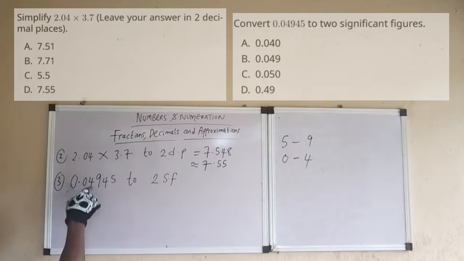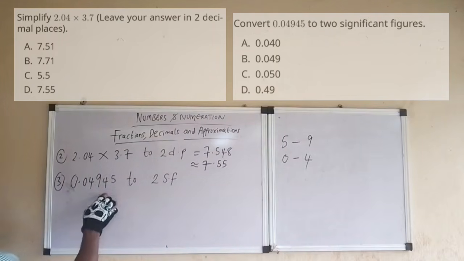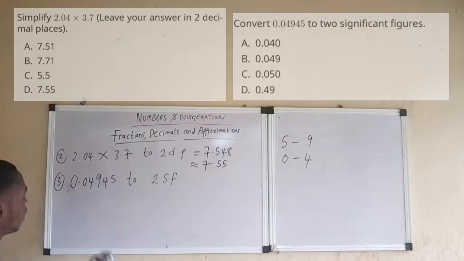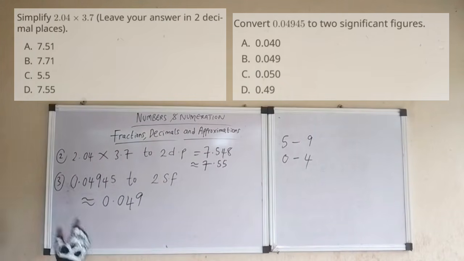You are not adding anything to the next number. But if it was within the range of 5 to 9, we'll round up, the number will change to 0, and then we'll add 1 to the next number. So to 2 SF in this case, what we're having is 0.049. Take good note of this. So the correct answer to that question would be option B.